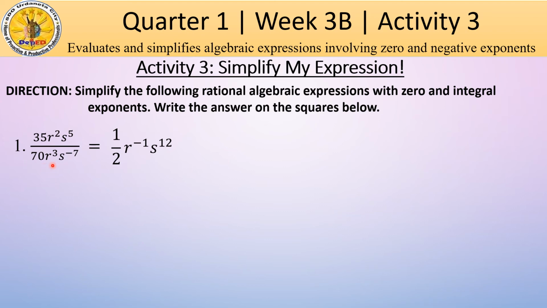So, for our r, according to our laws of exponents, we are going to subtract. So, 2 minus 3, we have negative 1. And then 5 minus negative 7, we have s to the 12.